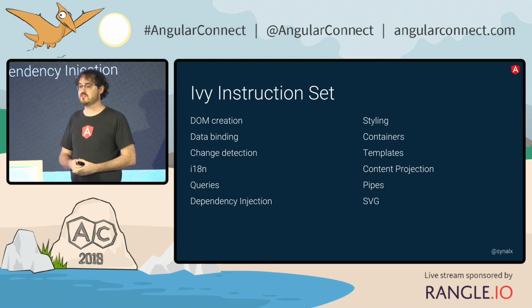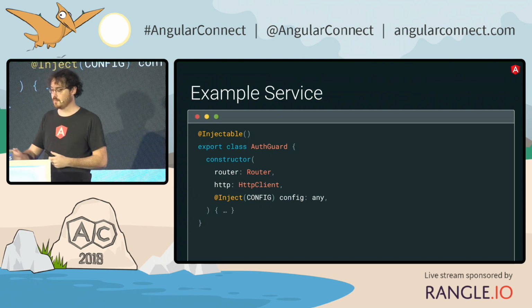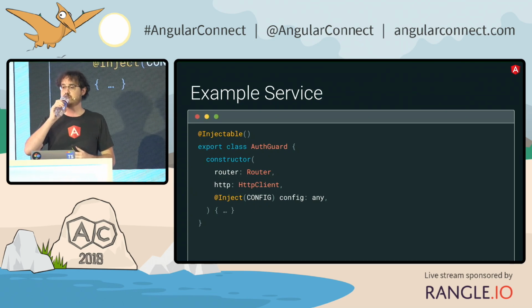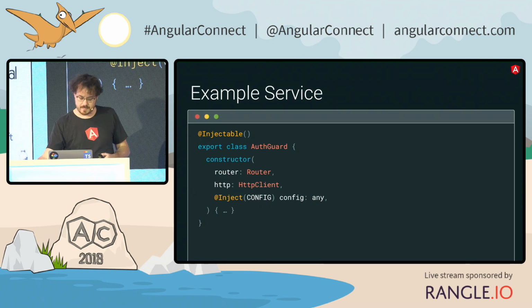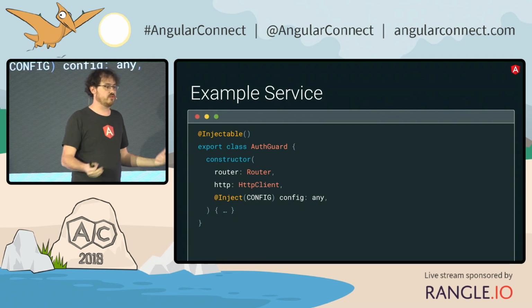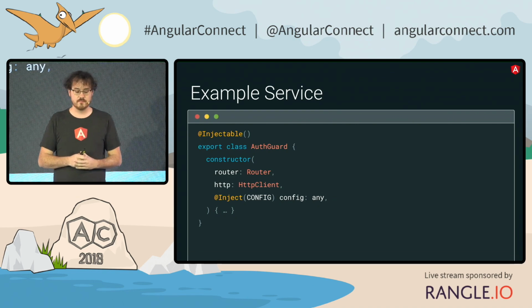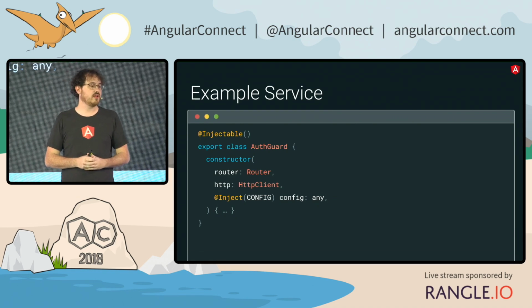So as an example, let's look at how DI works under the Ivy instruction set. So here's an example service class. This is an Authentication Guard for the router. It's going to check permissions on the current route when the user navigates to it. And it's injecting three different things.